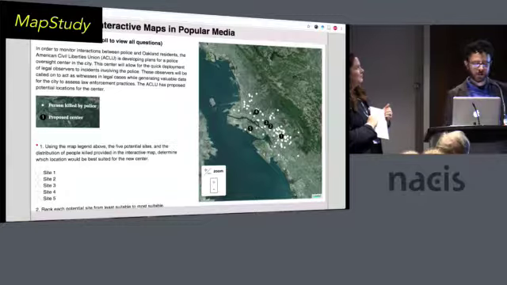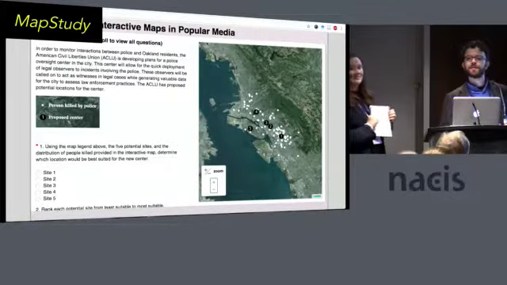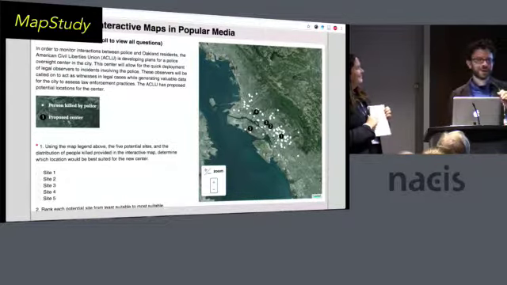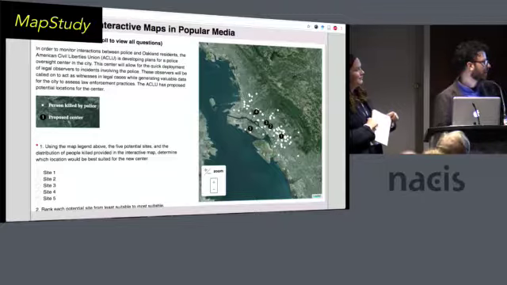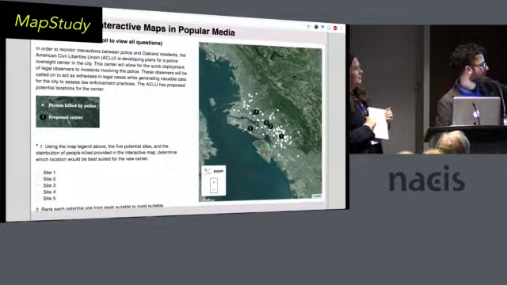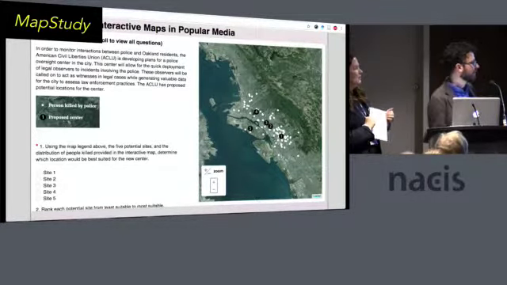So we used the MapStudy tool, which has been built in the UW Cartography lab and allows people to put studies up to have a map next to a series of questions for users. We solicited 140 people on Mechanical Turk to test these various scenarios and then elicit feedback from them.